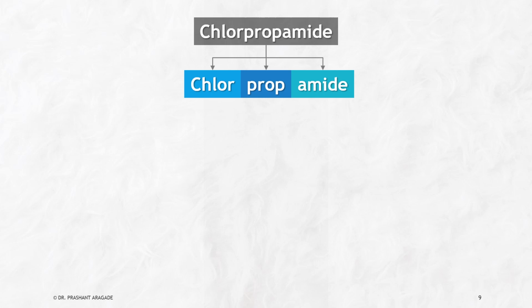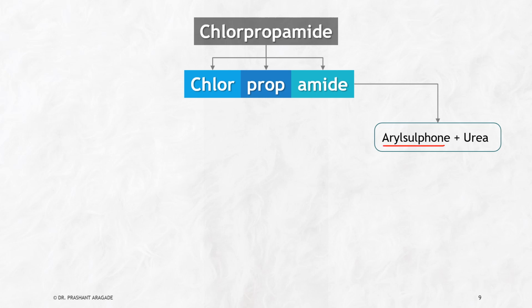From the classification, you come to know that chlorpropamide is an example of a sulfonylurea derivative. That is, it contains aryl sulfone plus urea, and the structure of this aryl sulfone urea is like this. Now the amide portion is over.